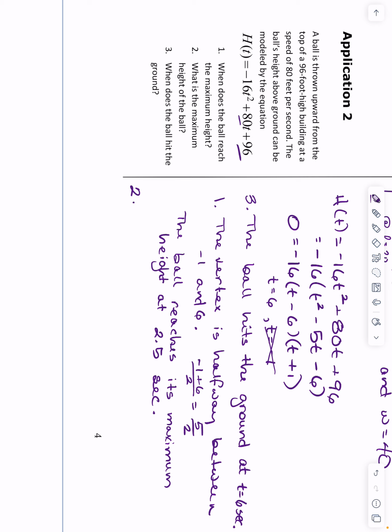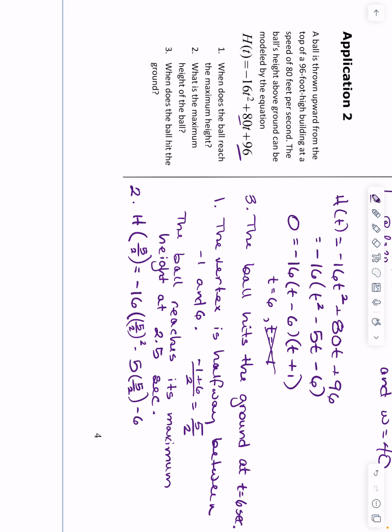And then we want to find the maximum height. Now, because it is easier for me to multiply fractions, I'm going to go ahead and use 5/2, square that, and notice I'm putting this into the factored form. All of those forms should work.